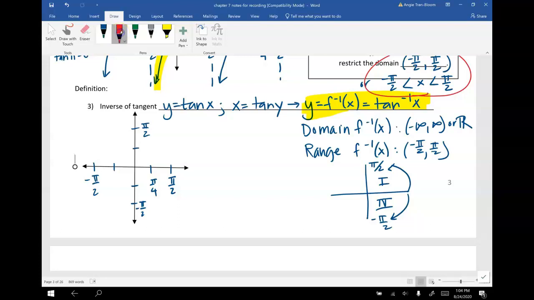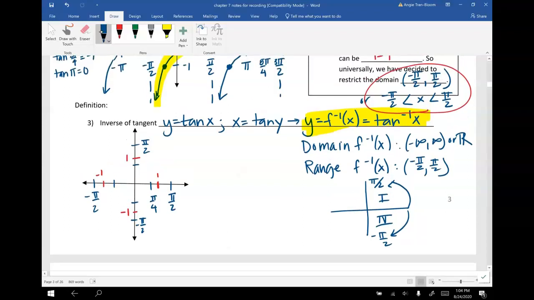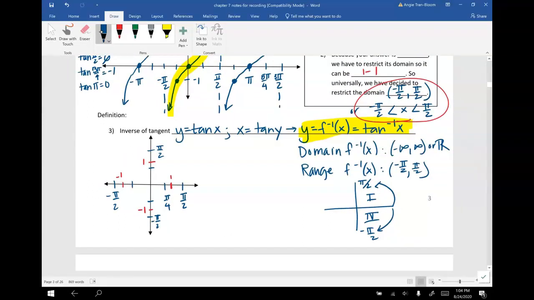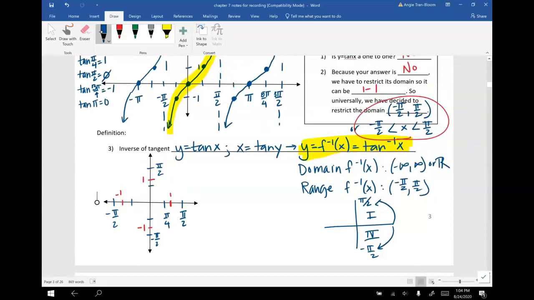Now I also need 1. So π/2, pi is about 3.14, which is about 3 divided by 2, so it's about 1.5. So if I need to do a tick mark of 1, I'm just going to do about 2/3 way up, like that.